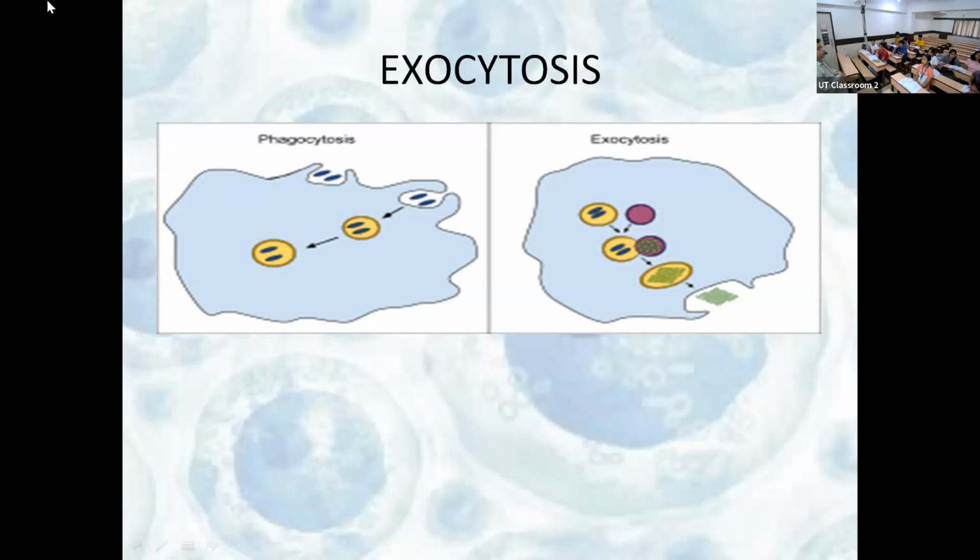It is the movement of water molecules from a region of higher concentration across a semi-permeable membrane, or I can say the movement of water molecules from a weak solution to a strong solution across a semi-permeable membrane, or from a dilute solution to a concentrated solution across a semi-permeable membrane is known as osmosis. Did everyone understand? Shall we go ahead? Next.